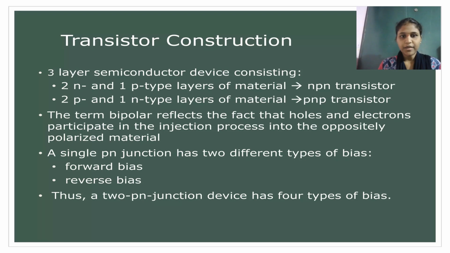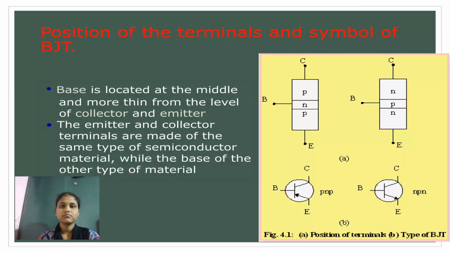The term bipolar reflects the fact that holes and electrons participate in the injection process into the oppositely polarized material. A single PN junction has two different types of bias: forward bias and reverse bias. Thus, a two PN junction device has four types of bias.